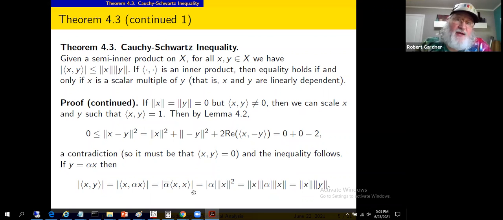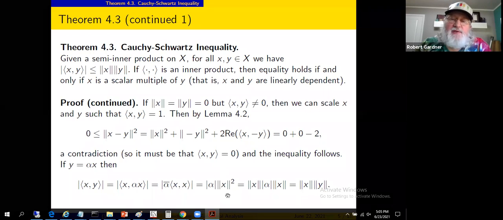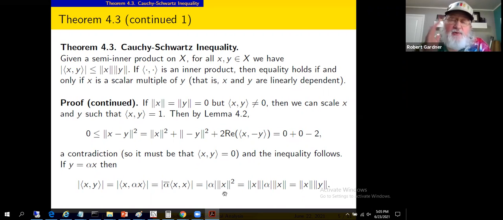So the moduli don't affect anything on that. I guess it'd be absolute values of real numbers in that case. But the inner product of x with itself is the norm of x squared. So I can't say semi-norm this time. I don't have to be so conscientious about semi-norms. Since we have an inner product, these are actual norms. And we can split that up in a suggestive way. Let's write it as the norm of x times the modulus of alpha times the norm of x.